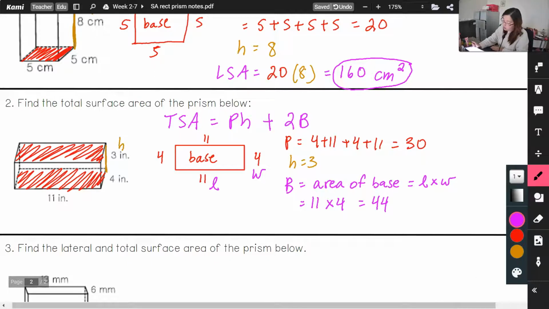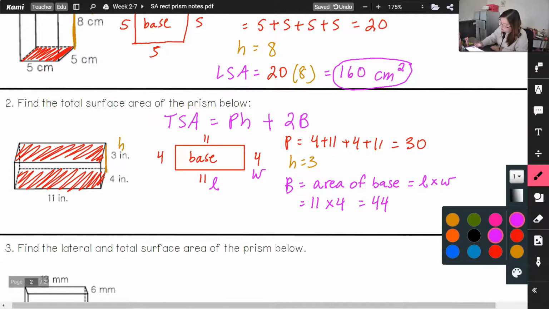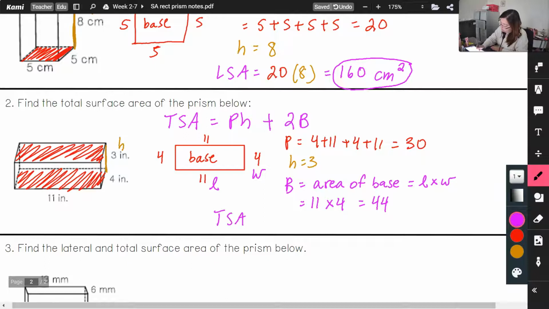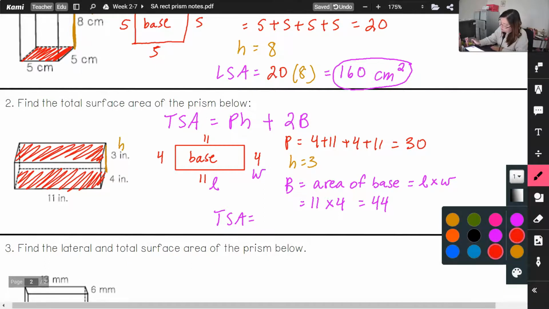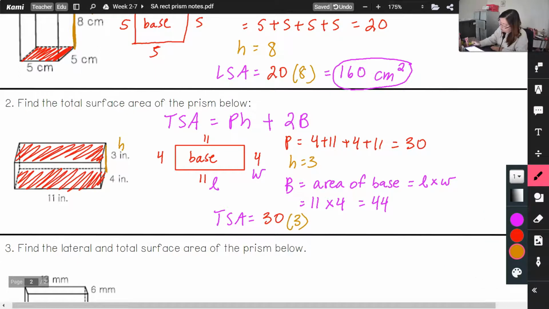So this now gives us our 3 numbers. So TSA equals PH plus 2B. P is 30. H is 3. Plus 2 times B, which is 44.